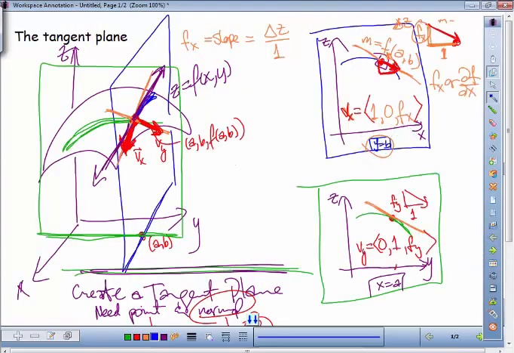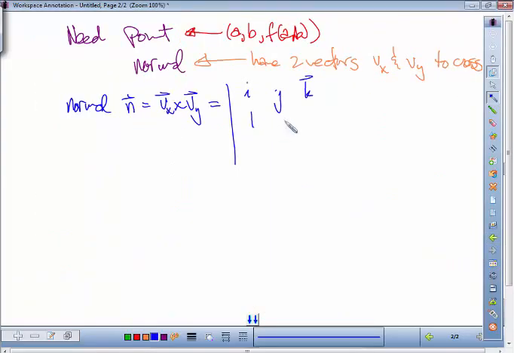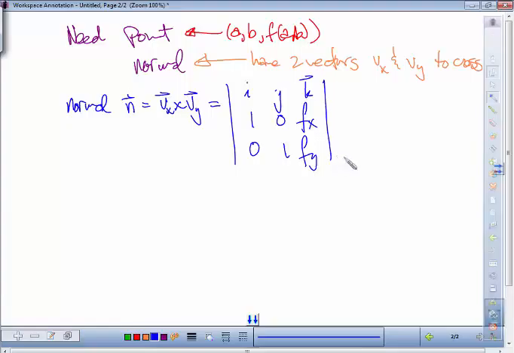Vx is 1, 0, fx, and Vy is 0, 1, fy. There's a certain way that I want this crossed usually, but I guess since I say it doesn't matter, then it doesn't matter. It really doesn't, but I like to see it come out a certain way.